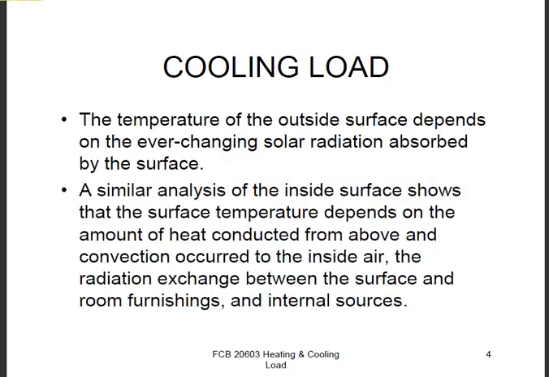The temperature of the outside surface depends on the ever-changing solar radiation absorbed by the surface. A similar analysis of the inside surface shows that the surface temperature depends on the amount of heat conducted from above and convection to the inside air, and the radiation exchange between the surface and room furnishings and internal sources.